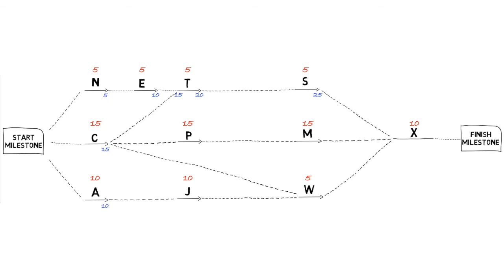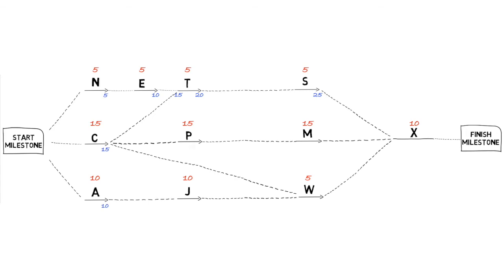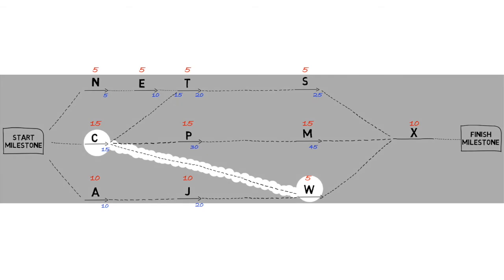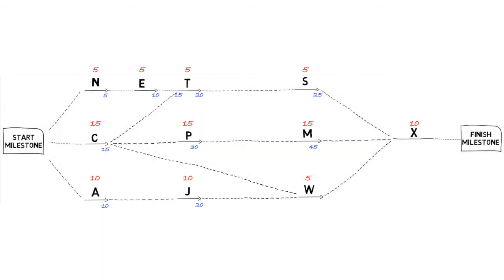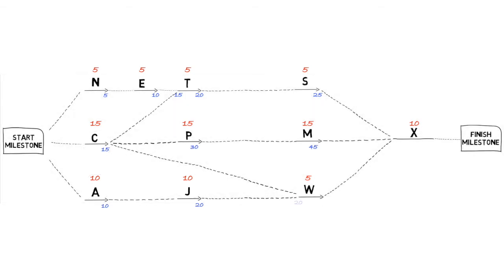The path starting at C is going to be a little more straightforward. C to P is 30, P to M is 45. And finally, A to J is 20. If we look closely, we see that once again, C crosses this path at W. Only in this case, C takes 15 days and A plus J take 20 days, so the larger number is the one we'll use.